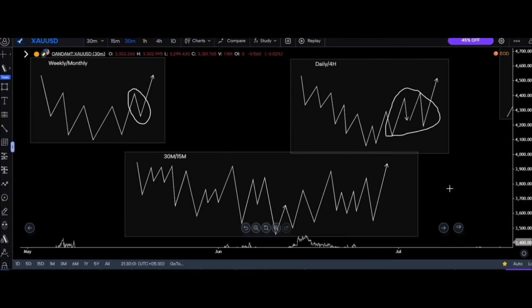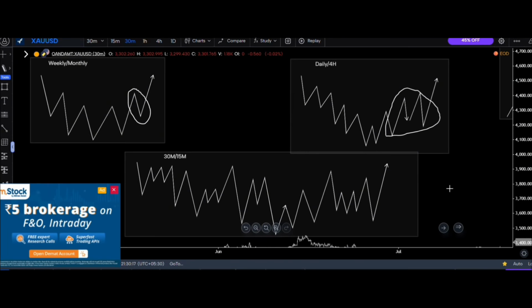Now every big move starts from higher time frames and flows into smaller ones. On the weekly and daily time frame, we understand the overall direction, the main structure. On the 4 hour or 1 hour time frame, we identify the clean zones inside the direction. Then on the 30-minute or 15-minute time frame, we look for entries and confirmations. So when the higher time frame is in an uptrend, we look only for buys on lower time frames.